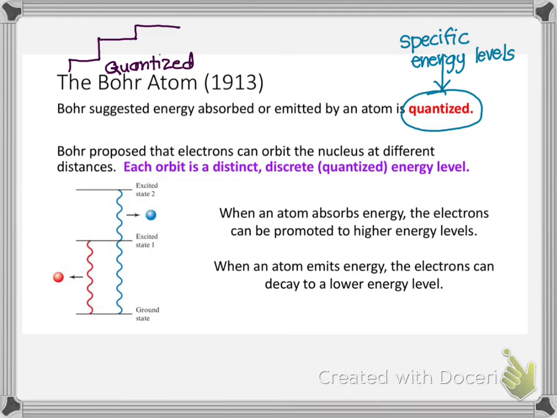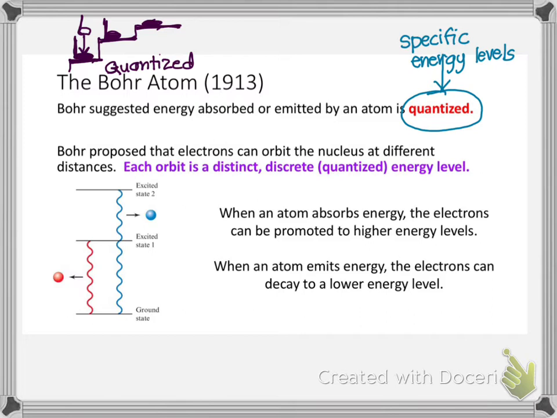Because if you think about it, if this is my foot, my foot can only be on a step, right? If I place my foot above this step, it just falls back down. I can even skip steps up to here, but I have to land on one of the steps because it's quantized. There's only certain places I can put my foot, right? If I put it in between steps, it falls back to the closest step.